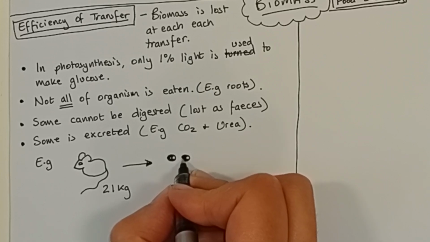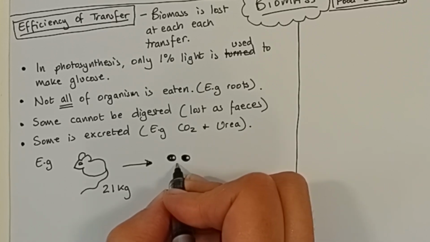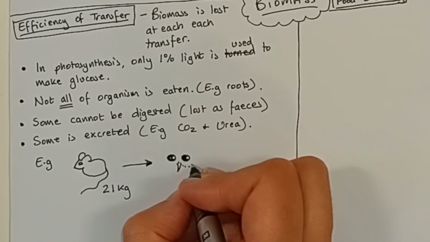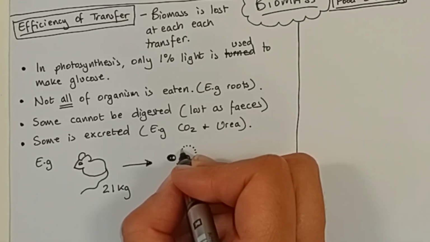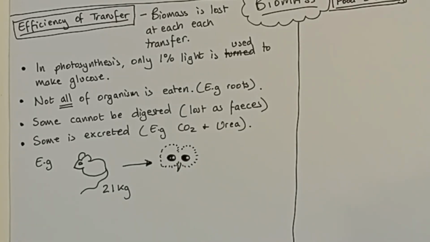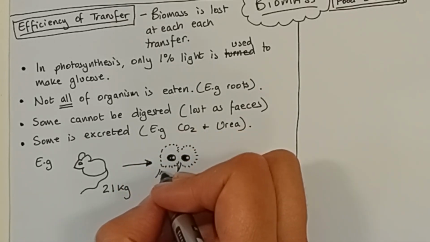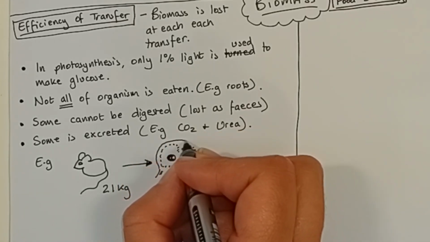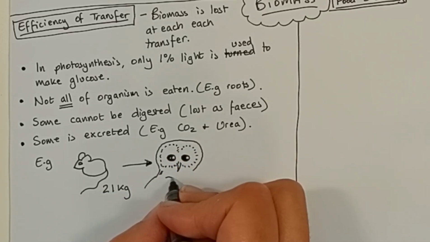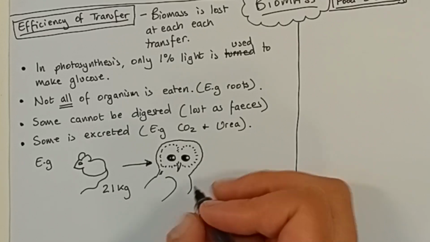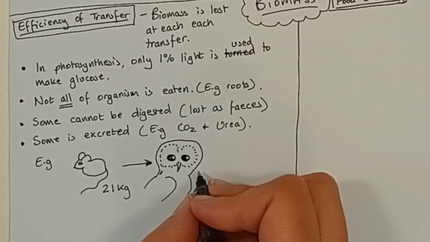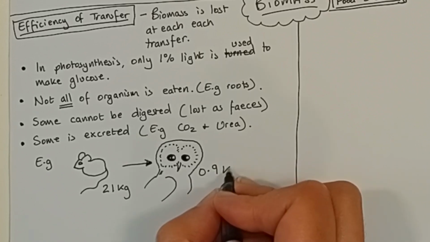Not quite the same size. There's its beak. So although the owl eats 21 kilograms, the owl itself might only weigh 0.9 kilograms.